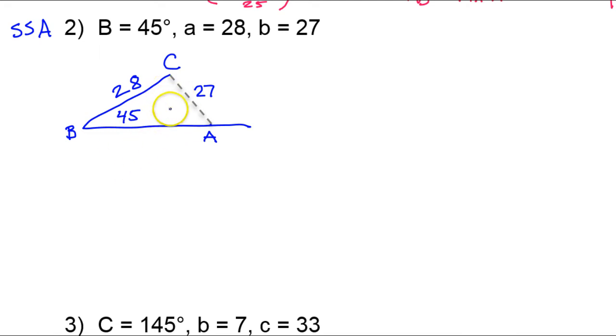Okay, so we have to figure out if we can make a triangle at all. If this side is too short to reach the ground, we will have no triangles. If this side just barely touches the ground, we will have one triangle. If it's a little bit longer than that, we could have two triangles because it could hit here and here.